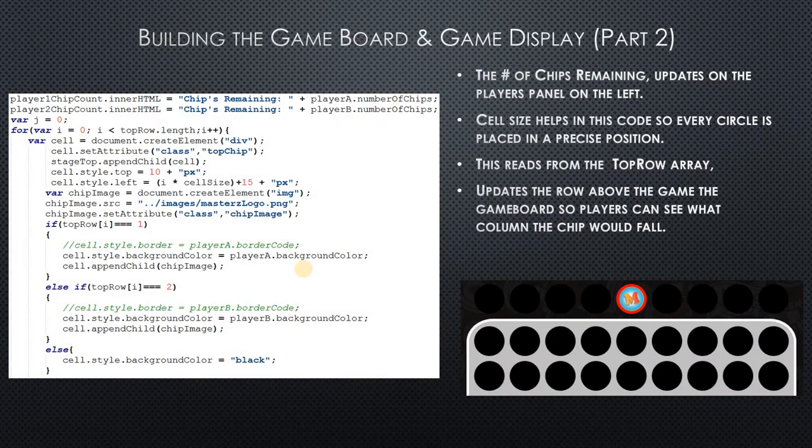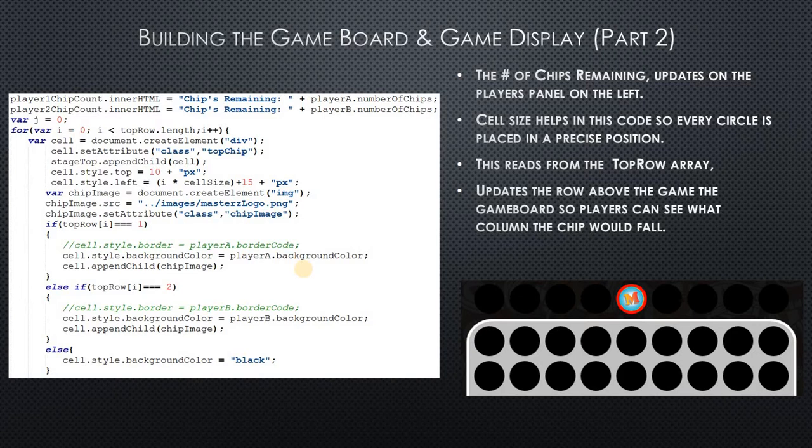This code here, the top 2 lines are actually for the previous slide, but they determine how many remaining chips are left. The next set of code, after the remaining chips, determines where along above the game board, as the gray is the game board, there's a row in black right above the game.